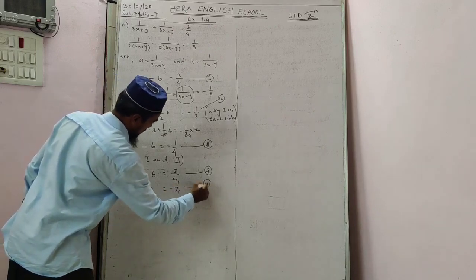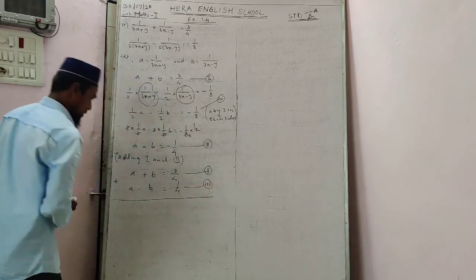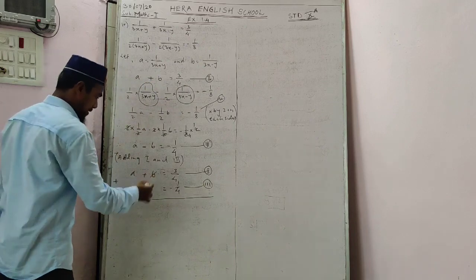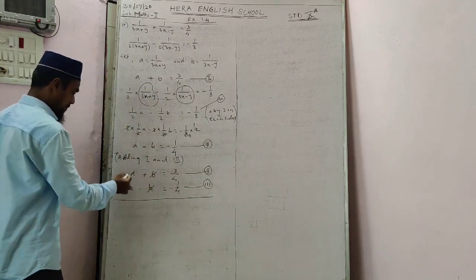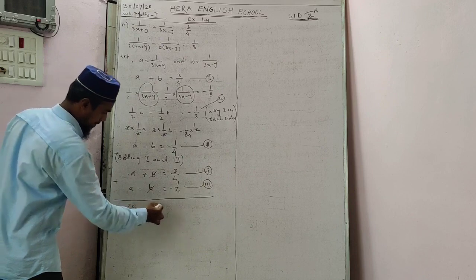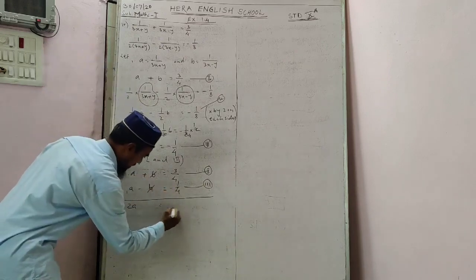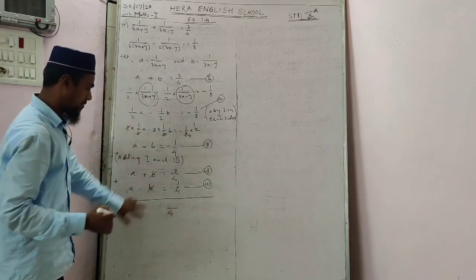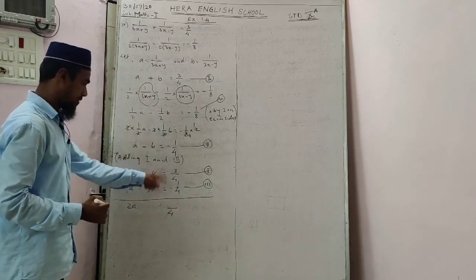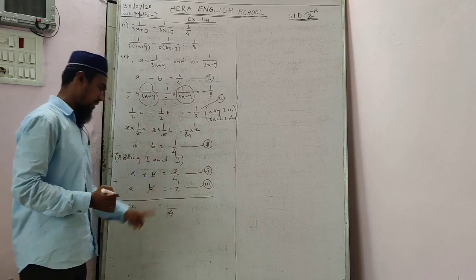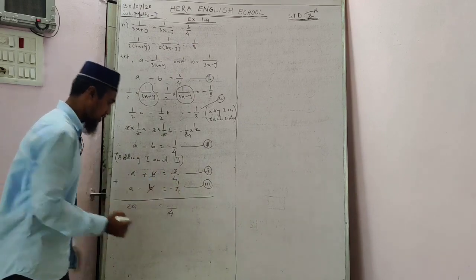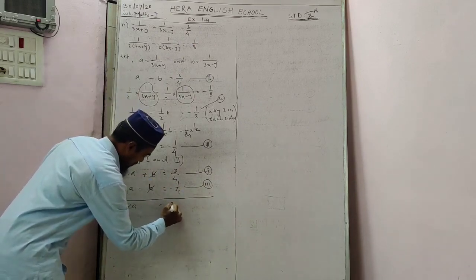If we add both, b plus and minus cancel, and a plus a gives 2a. The denominator 4 stays as it is, and 3 minus 1 gives you 2.